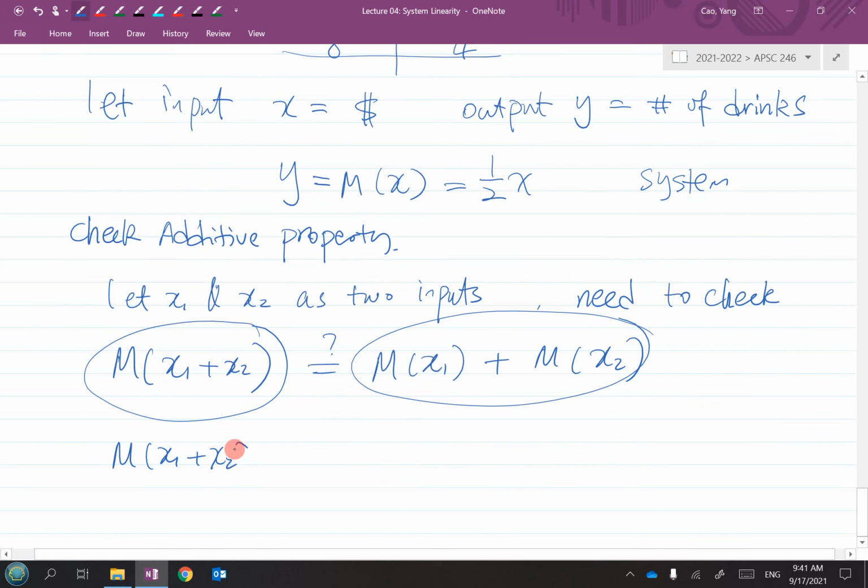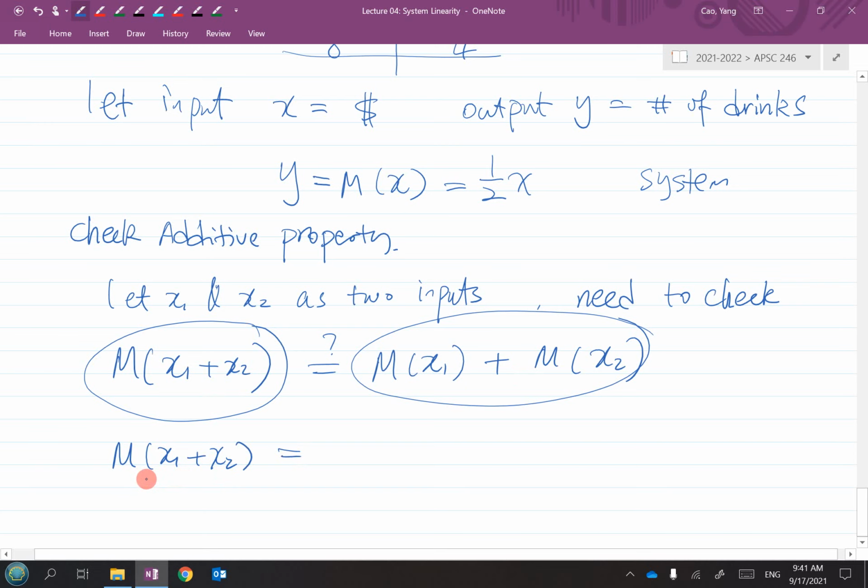Do not write the equal sign right away. At least write the left and right expressions separately, and find the answers for them separately before you say the left is equal or not equal to the right. So let's take a look at what the system output is when the input is x1 plus x2.